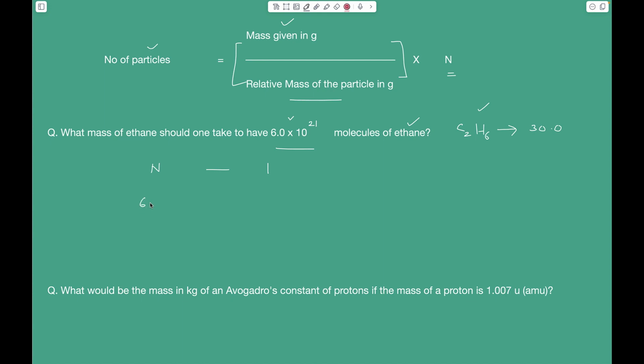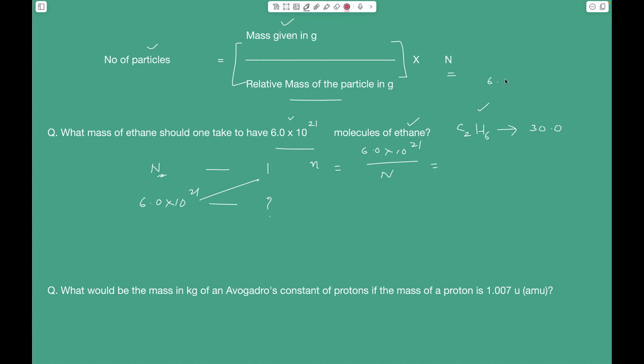But here we have 6.0 times 10 to the power of 21 molecules. Then how many moles are there in it? Number of moles is denoted by small n. So small n is equal to the number of particles divided by capital N. So it would be 6.0 times 10 to the power of 21 over capital N.